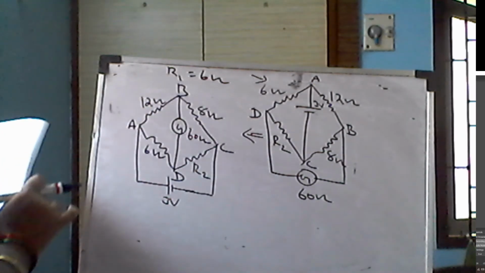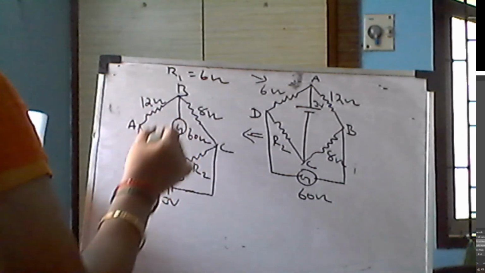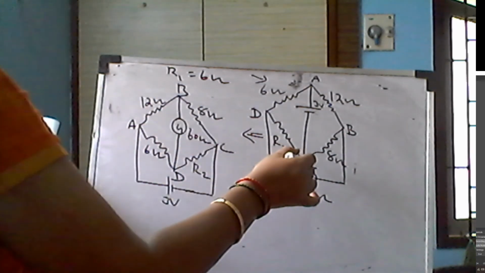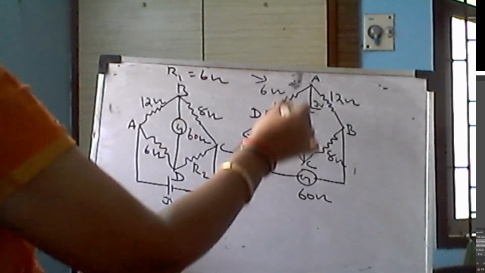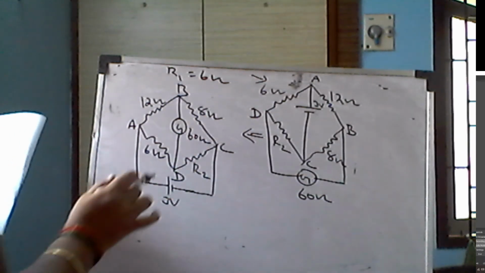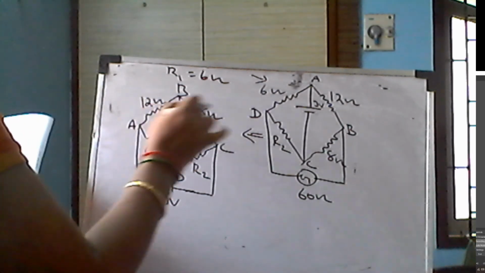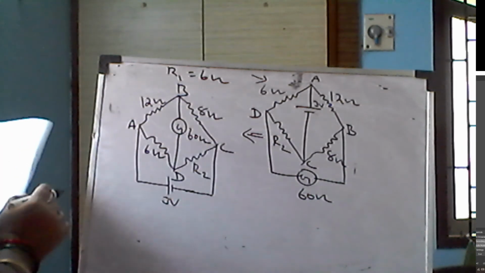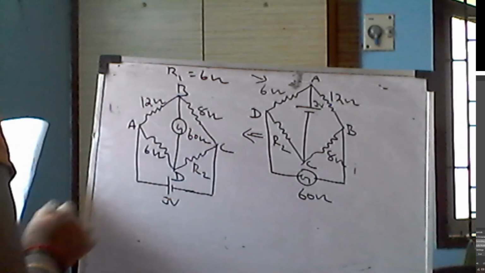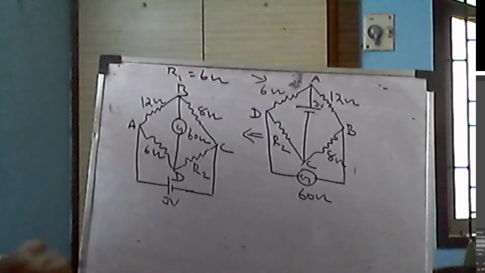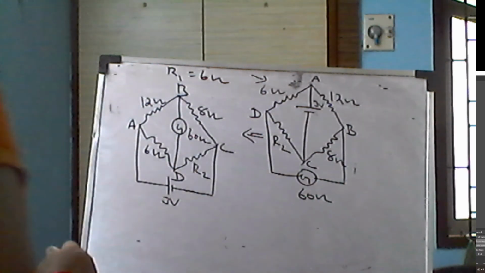And then from C it is 8 ohm and R2. From C the other one is going to negative. And then from B it is going to 12 and 8. And then from D it is going to 6 ohm and R2. So it is correct.